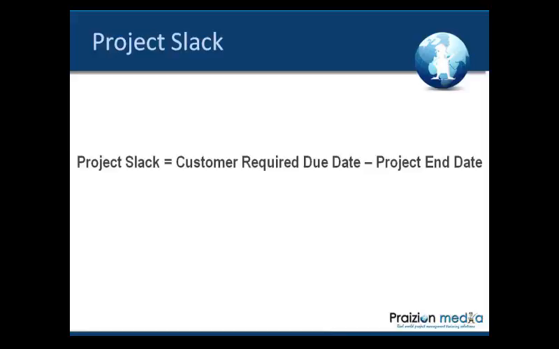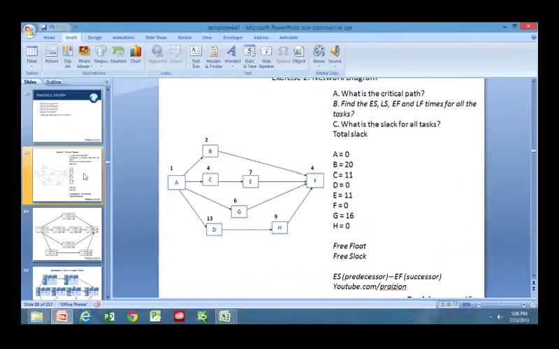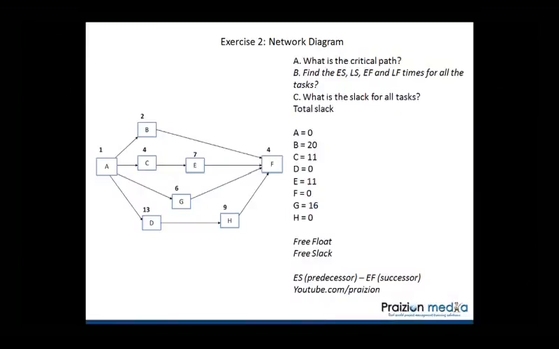I'll show you an example on the whiteboard of another network diagram, actually this one to be precise. So the first thing you want to do is draw out the network diagram. You want to do your forward pass, you want to do your backward pass, and then you want to find the slack and the float, okay?